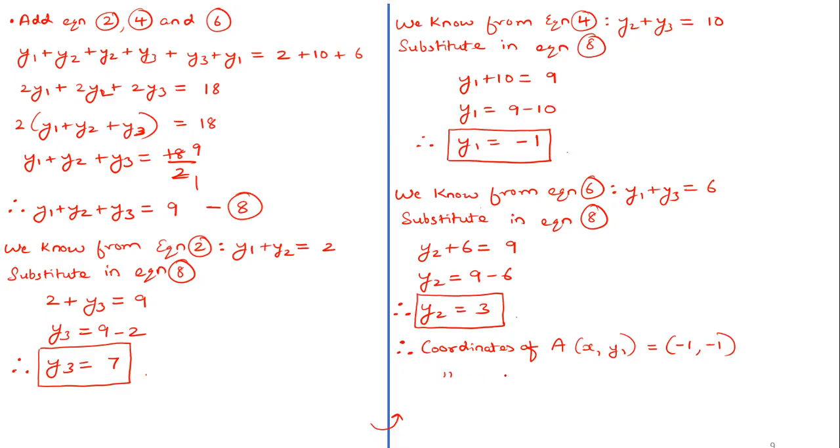Then coordinates of B, which we have taken as x2, y2, are 11 comma 3. x2 is 11, y2 is 3. Similarly coordinates of C, which we had taken as x3, y3, is equal to 1 comma 7. x3 is 1, y3 is 7, and this is our final answer.